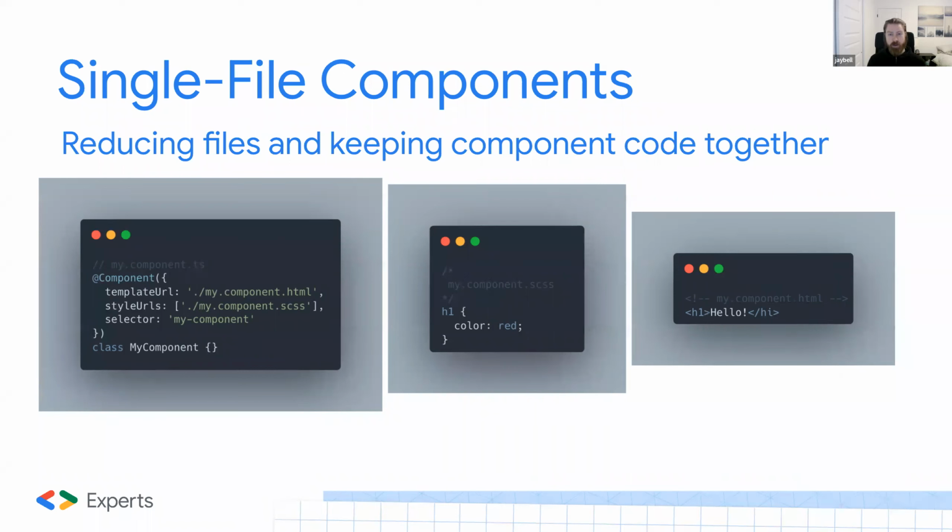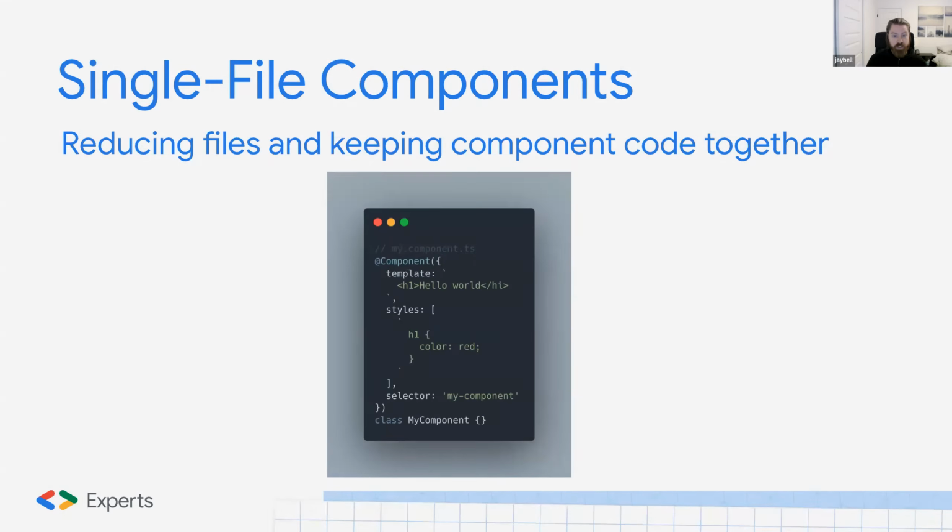Now, remember, at Trellis, we have hundreds or thousands of components, right? So now what we have is a TS file, an SCSS file, an HTML file, and probably an ngModule file for every single component. That grows out of control incredibly quickly, right? What we can do, though, is reduce this down to a single file. Now, I probably wouldn't do this for every single component.